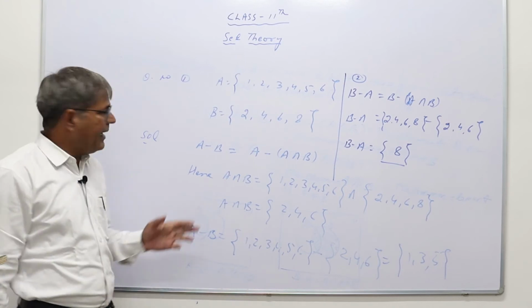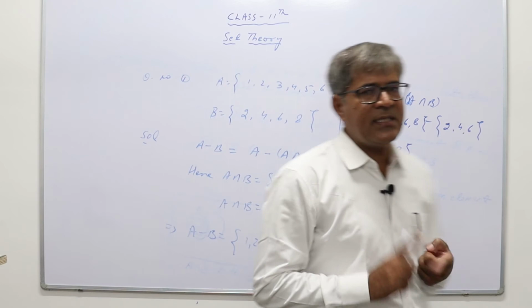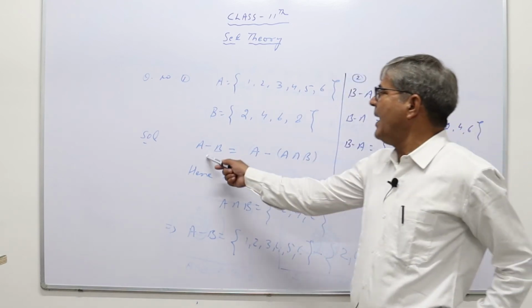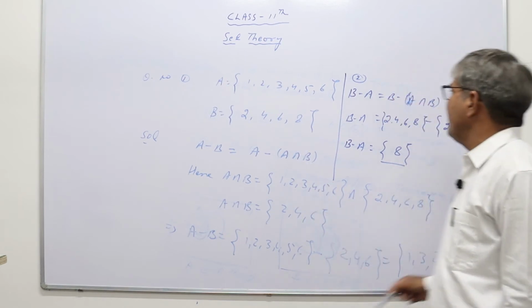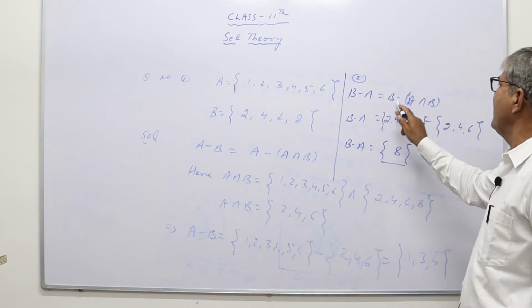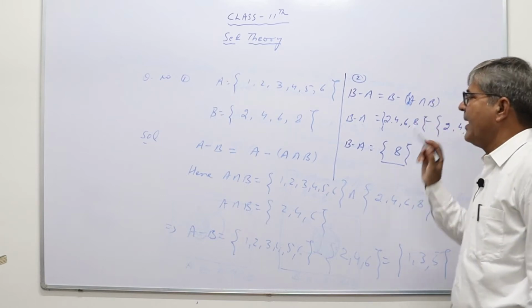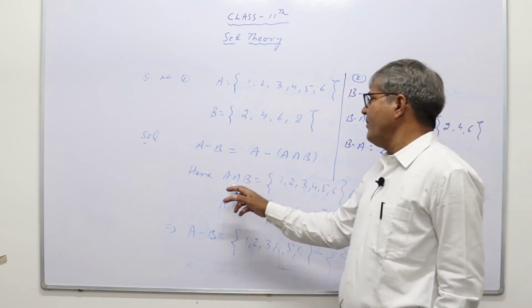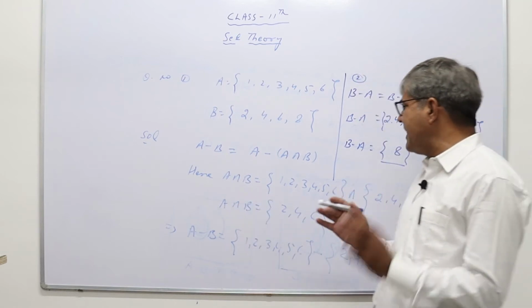So what we have done to find the difference of two given sets: in the first step, you have to write the formula A minus B is equal to A minus of A intersection B. If you have to find B minus A, then B minus of A intersection B. So this is the first formula. Then first of all you have to find A intersection B, meaning the common elements in the given sets.